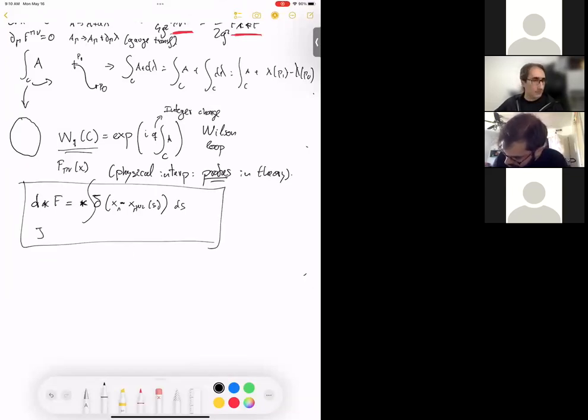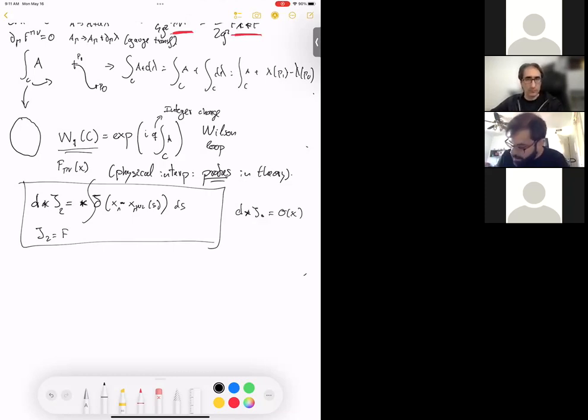If we write J2 equals F, we can write this equation as d of J2 is equal not to 0, but to something which is basically 0, except where we introduce some charged line operator, the Wilson line. And this is very similar to the equation that I had for the zero form current, which was that the divergence is 0, except where you introduce local operators.